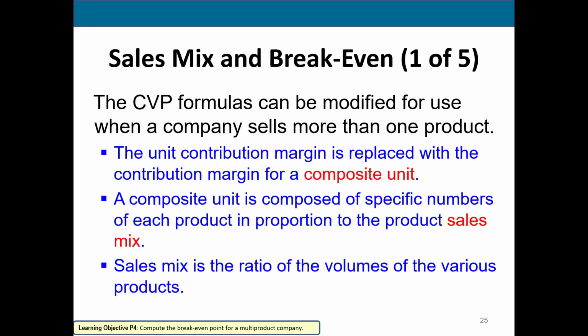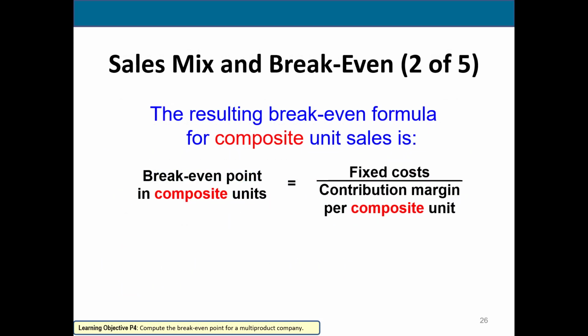The sales mix is the ratio or proportion of the sales volume for the various products. So when companies sell more than one product, we're going to estimate the break-even point by using what's called a composite unit, which summarizes the sales mix and contribution margins of each product.